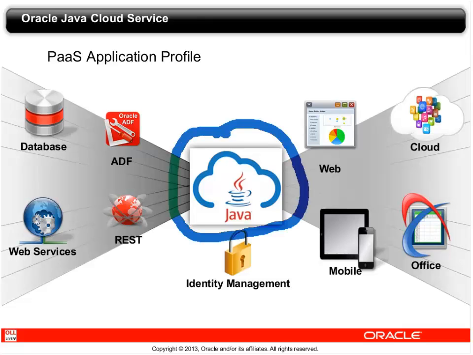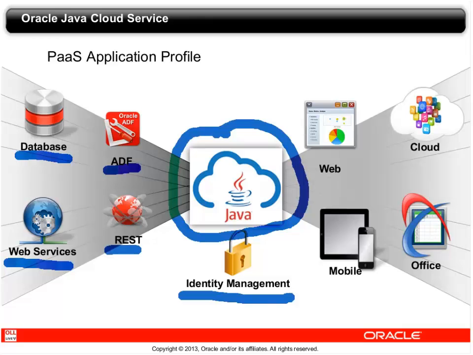And those services provide specific types of functionality or capability to you as a developer. So with a database, you can create database applications. You can use Oracle's Application Development Framework, ADF, components. You can write applications that use web services, including REST. And one of the other capabilities of the Oracle Cloud is that it has a built-in identity management system, which provides capabilities such as authentication and authorization services.